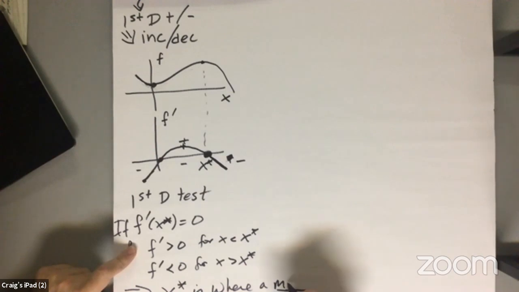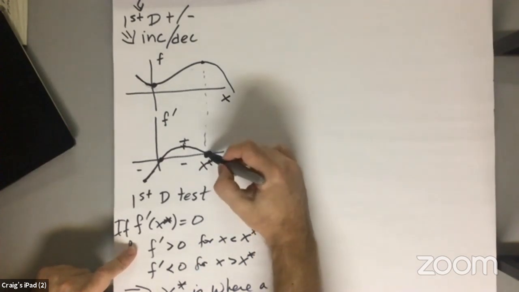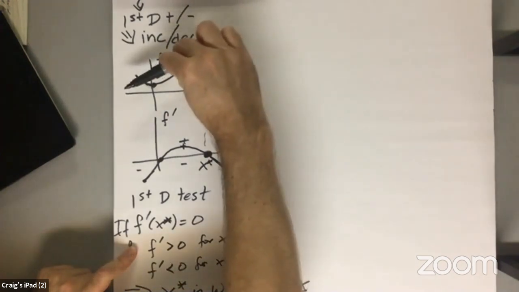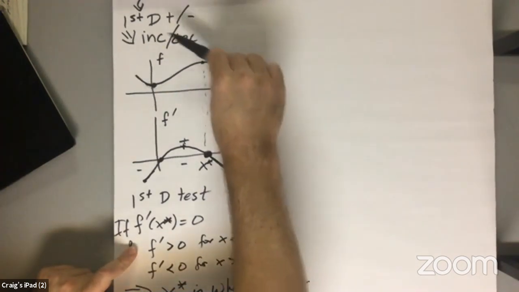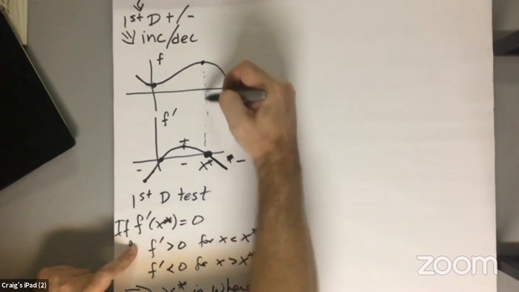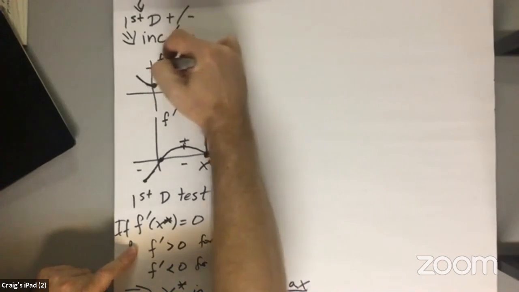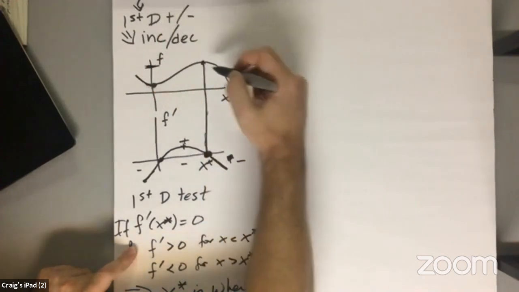Well, it's a maximum. So where the derivative changes from positive to negative, right at that 0, this spot is where the maximum occurs. At x star, that's where the maximum occurs, and that is the maximum right there, that height.